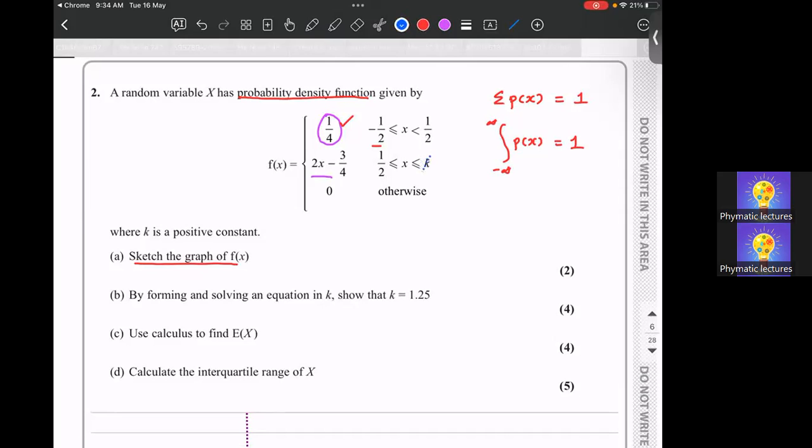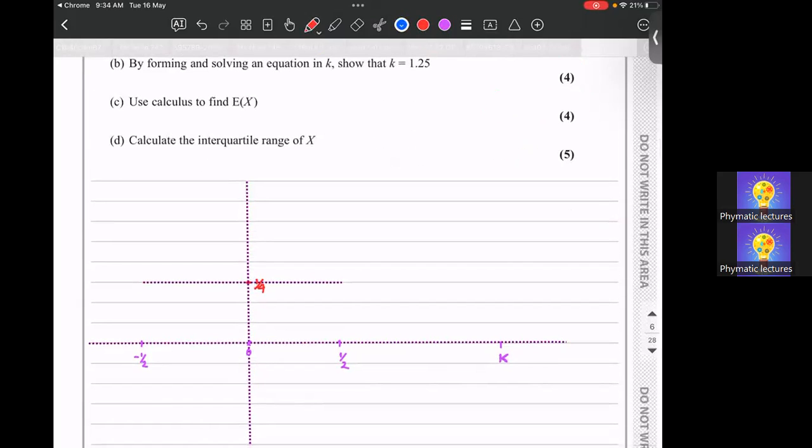Once it reaches k, what is f of k? f of k is 2k minus 3/4, which is a value above 1/4. So once it reaches k, it takes this value 2k minus 3/4.